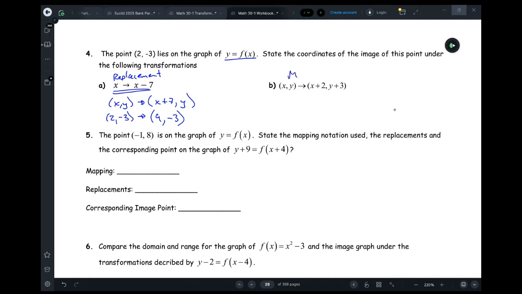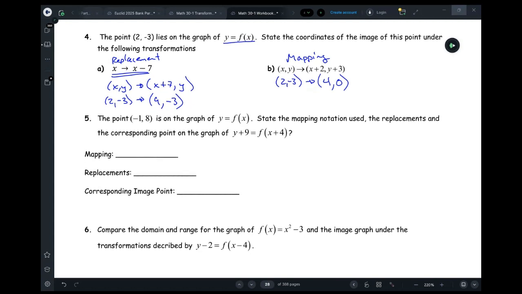But here, notice that both points are represented. This is a mapping. So this is telling me what is actually happening to that point. I don't need to do anything else. Old x-coordinate plus 2, so 4. Old y-coordinate plus 3, 0. And those are the coordinates of the new point.